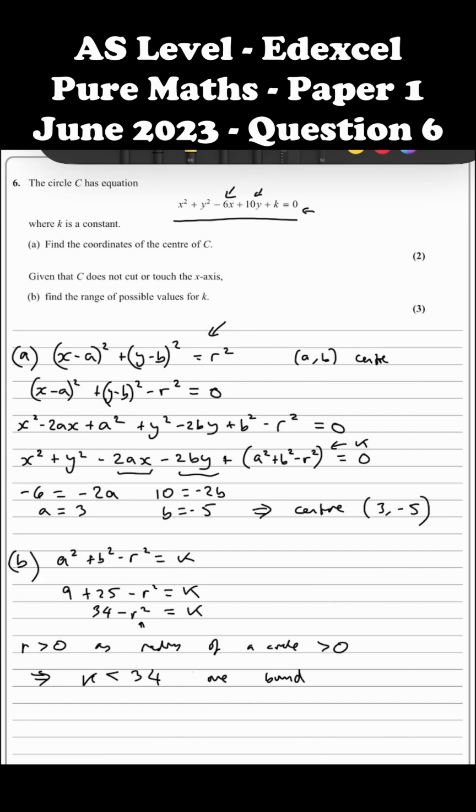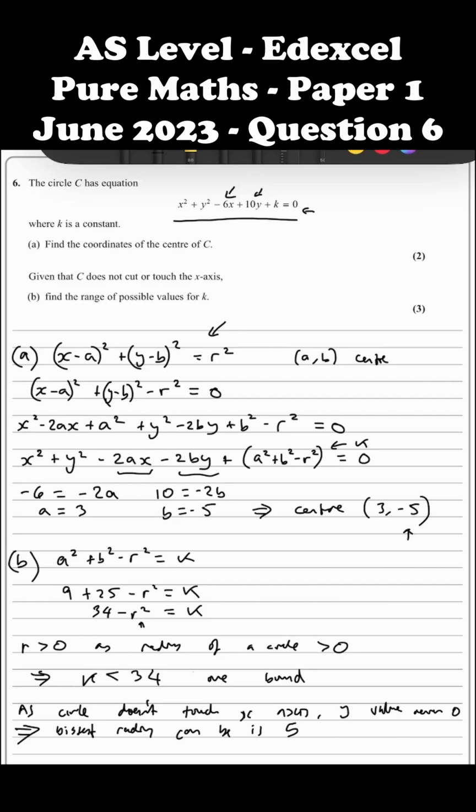And therefore the other bound: we know that C does not cut or touch the x-axis, which means the y value never reaches 0. I will put: circle doesn't touch x-axis, y value never 0. Therefore, the biggest radius can be is 5, because we have minus 5 over here as the centre of the circle.